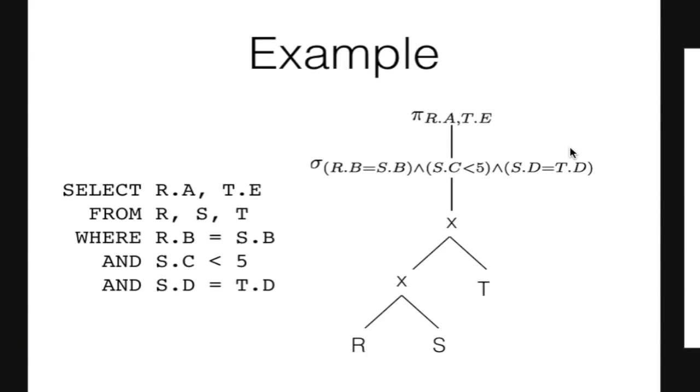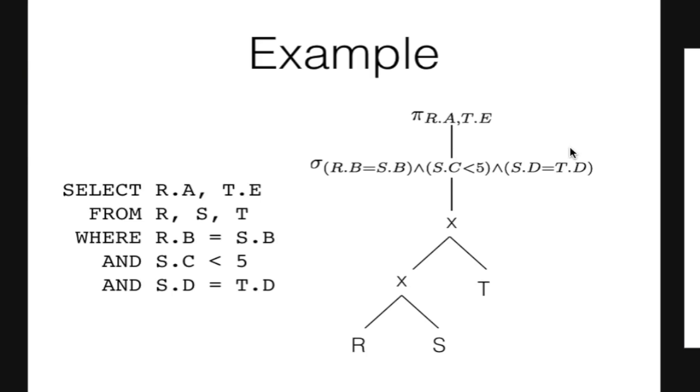One other property that I may have jumped over is that I can always push selection into a cross product, as long as all of the attributes in the condition come from one of the two relations.